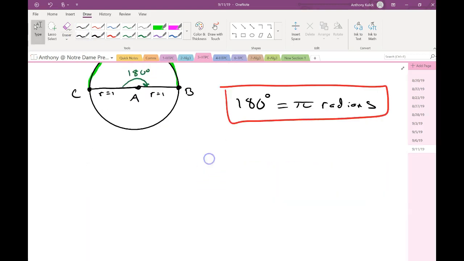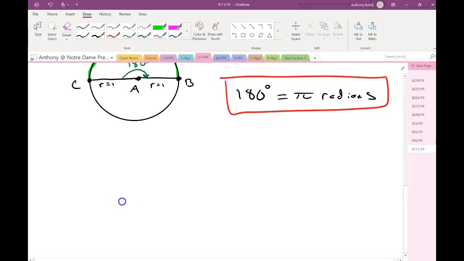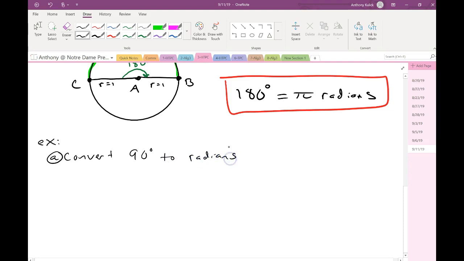So let's do a couple quick examples of doing that. Yeah. So let's say we're asked to convert 90 degrees to radians.